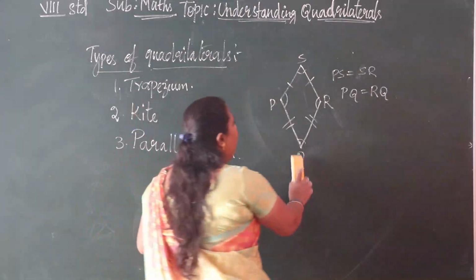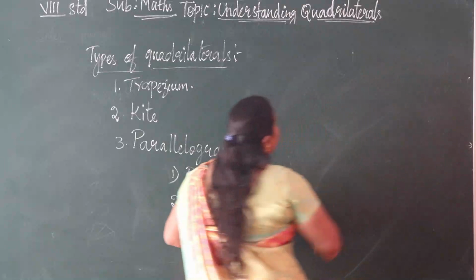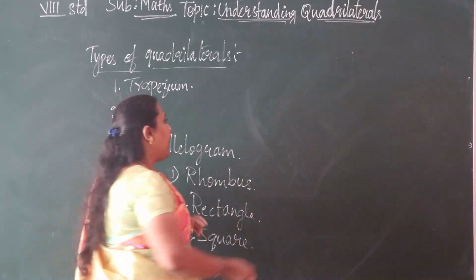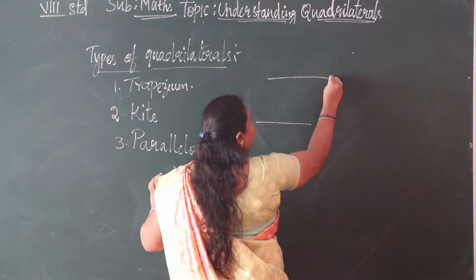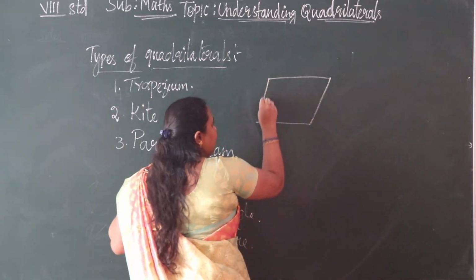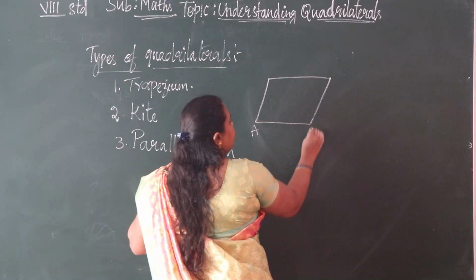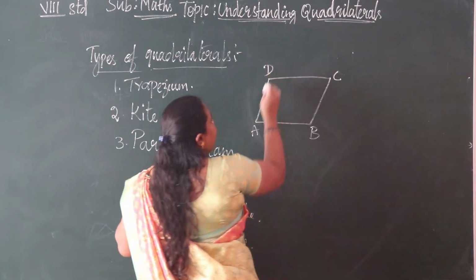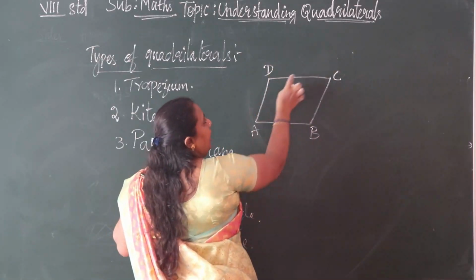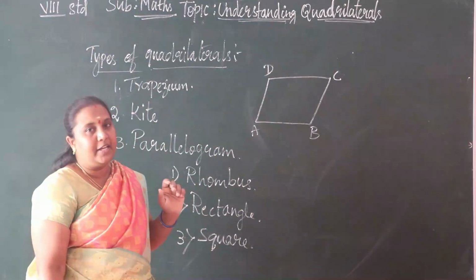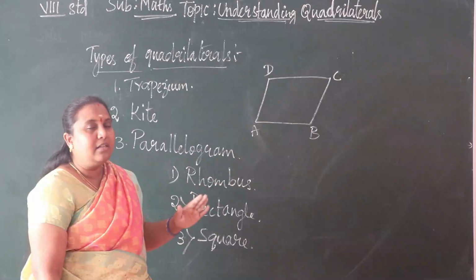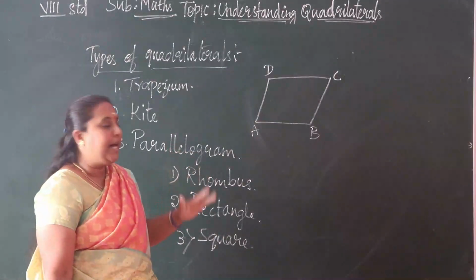See, these two are parallel and these two are parallel. ABCD is a parallelogram. Two pairs of opposite sides are parallel. Then only we can say it is a parallelogram.